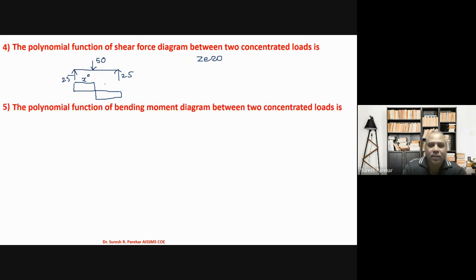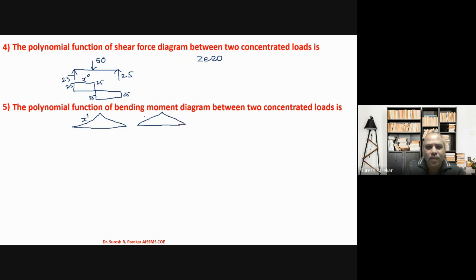Then we can have the polynomial function for the bending moment diagram. So how will we get the bending moment diagram? We have the values 25, 25, 25 and 25. Now for bending moment, this is x to the power 1. You may see it as a parabola, but we can have it like this.